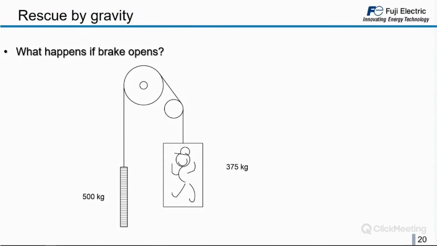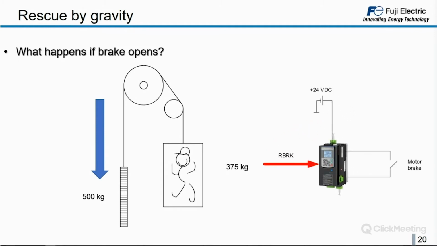In this case, what happens if the brake opens? If the brake opens, of course, the system will move in the down direction because the counterweight is heavier than the car. And basically, this is the idea of this function.